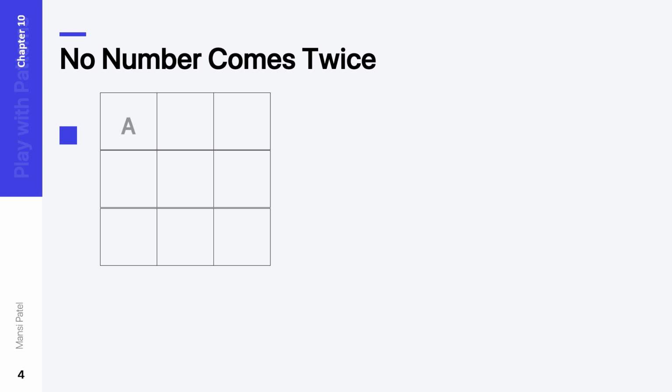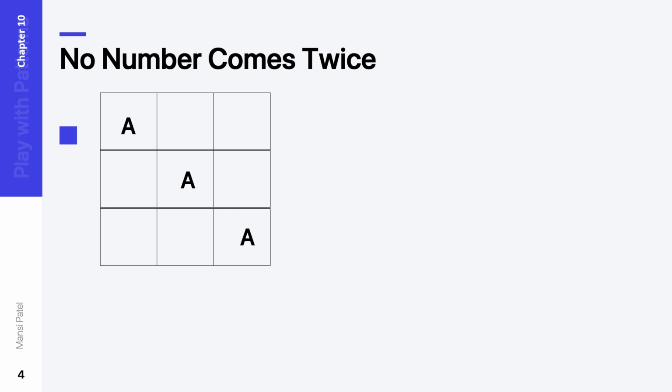So first I write down A. Now I write it in diagonal order, A, A, A. So see here in each row and in each column one time A is coming.